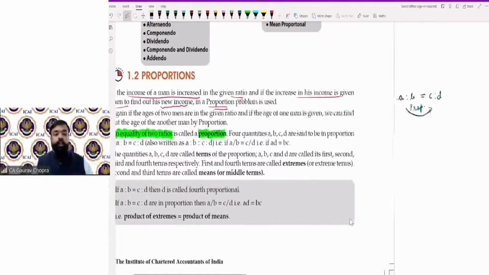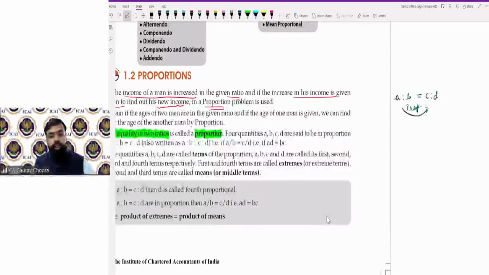So if A ratio B is equal to C ratio D, that means they are said to be in proportion.